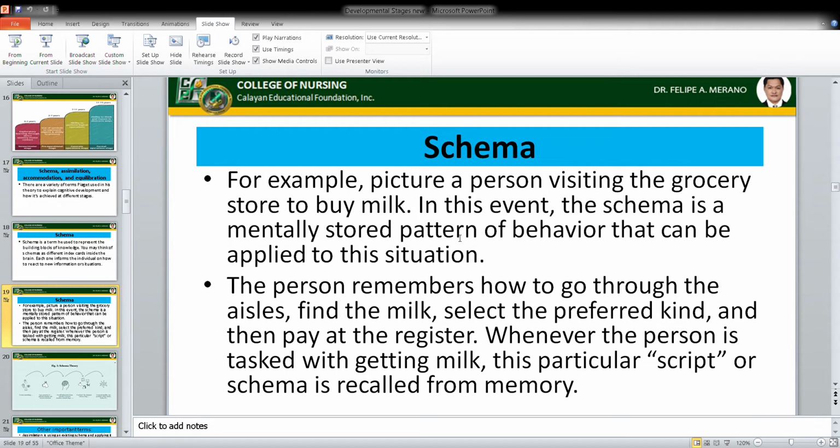The person remembers how to go through the aisles, find the milk, select the preferred kind, and then pay at the register. Whenever the person is tasked with getting milk, this particular script or schema is recalled from memory. Kung bibili ka uli ng gatas, yung step na yun ang gagawin mo.